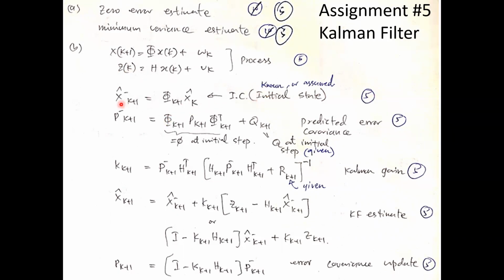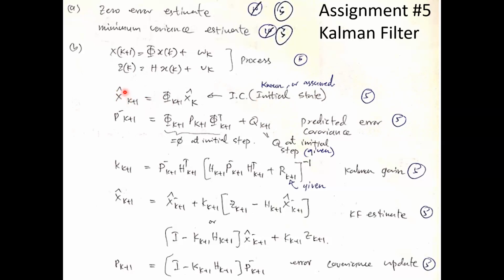So this is actually the first step of the Kalman filter. Look at the equation. It is simply this part here in the process model. Using the initial state and the state transition matrix, you estimate what the future state is going to be.